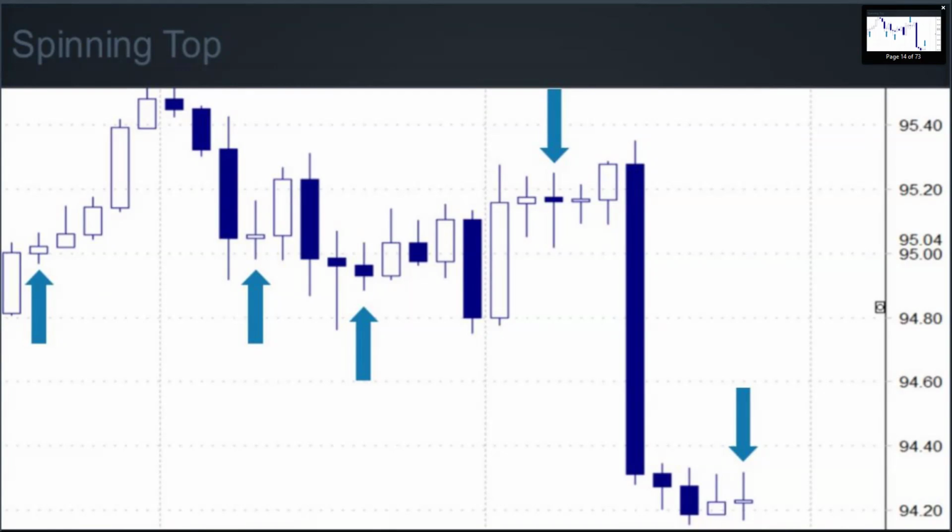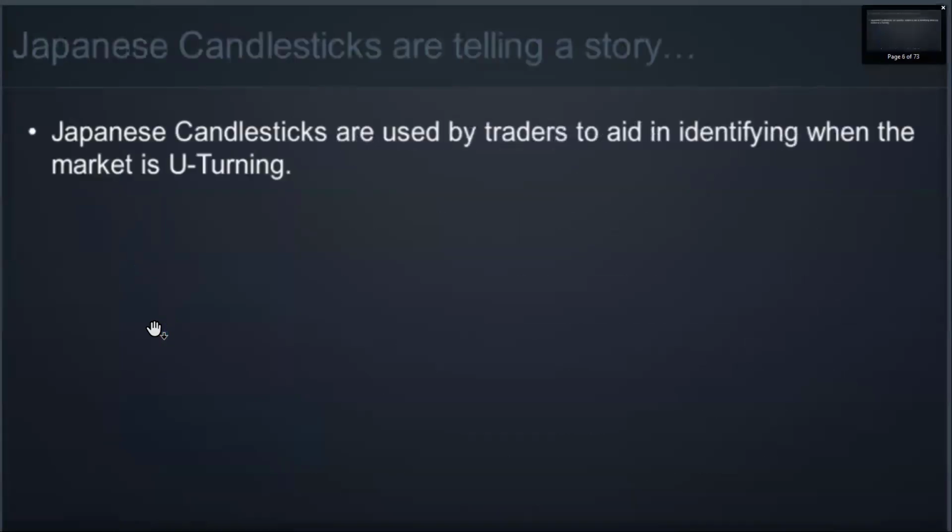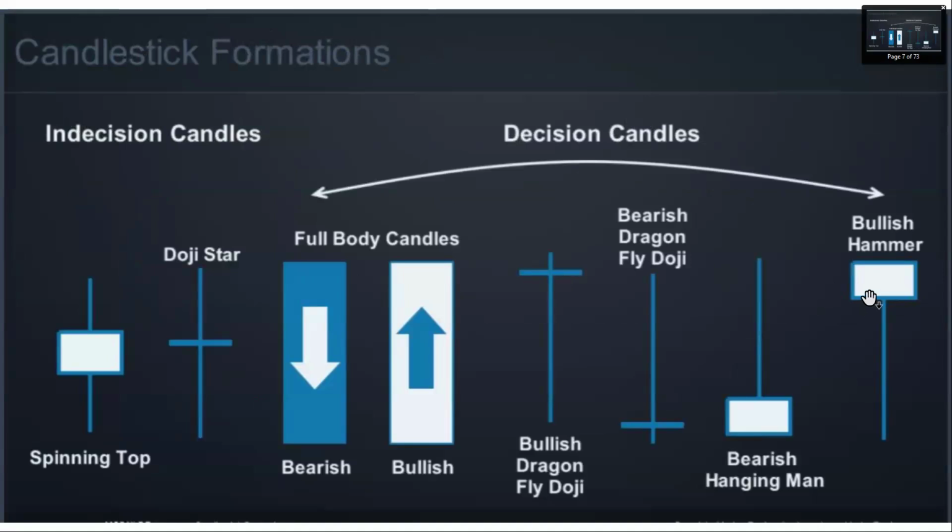So is this hammer called a gravestone? No, the hammer is not a gravestone. The hammer is different. See the difference between the hammer and the gravestone. This is the hammer. It has a small body.